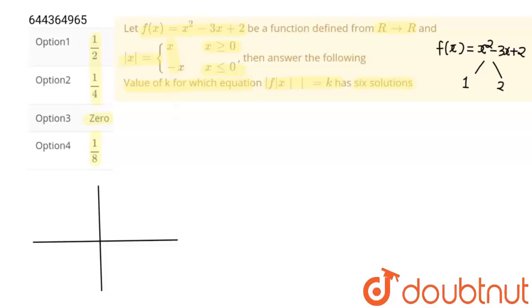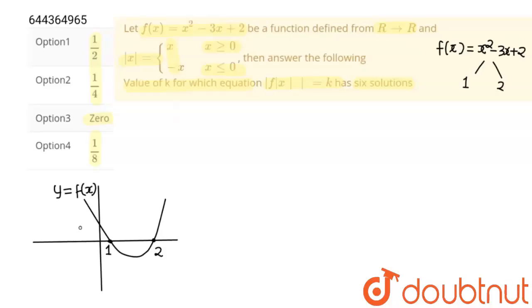So the graph of this quadratic will be this one. On this x-axis, the x coordinate of this point will be 1 and the x coordinate of this point will be 2. So this is the graph for y equals f of x.